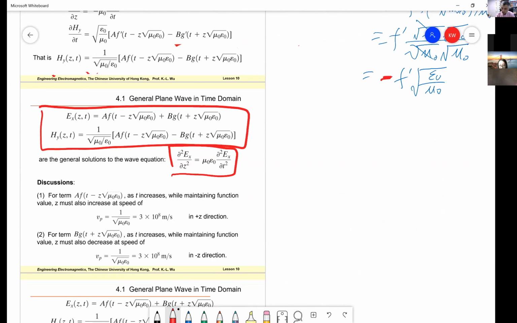First, we can say this is a wave equation. Why do I call it a wave equation? If I look at function f, let's look at the first term.